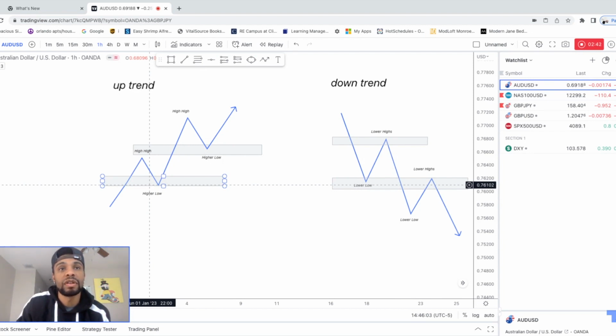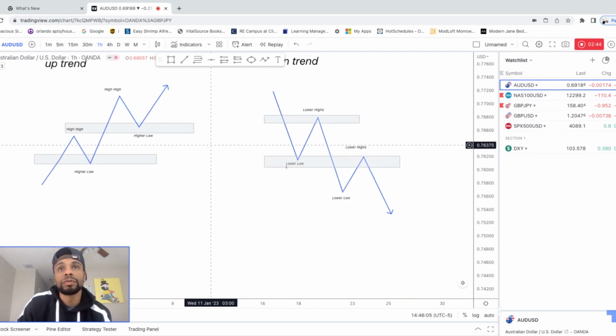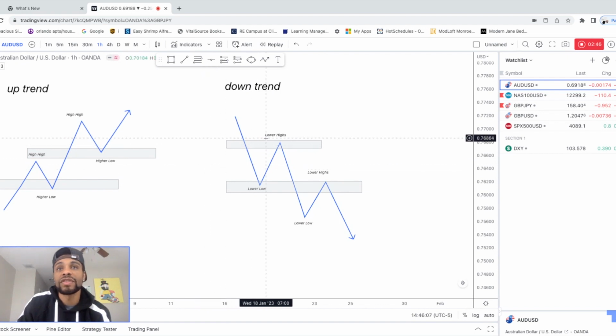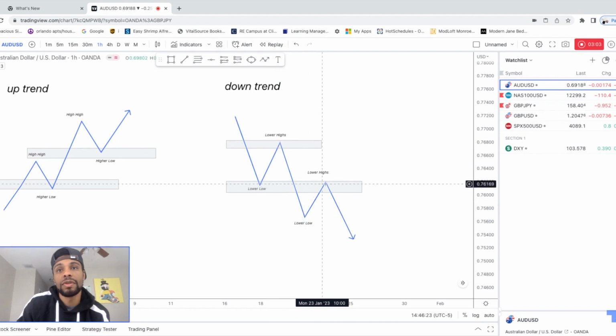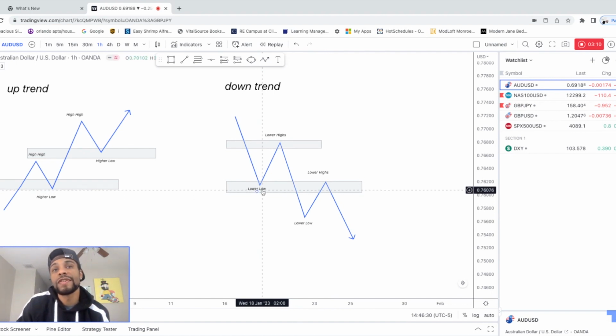Now for the downtrend, we have a series of lower highs and lower lows. This is considered a lower low, and this is considered a lower high. What makes this a lower low? This low point is lower than the previous low point, right?